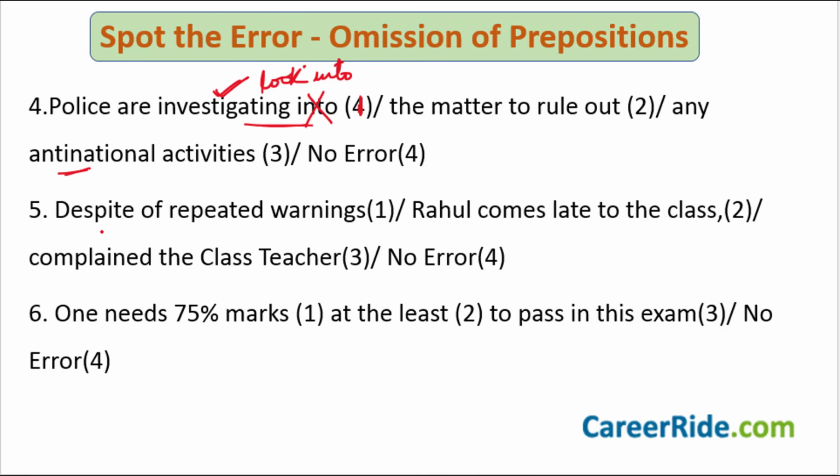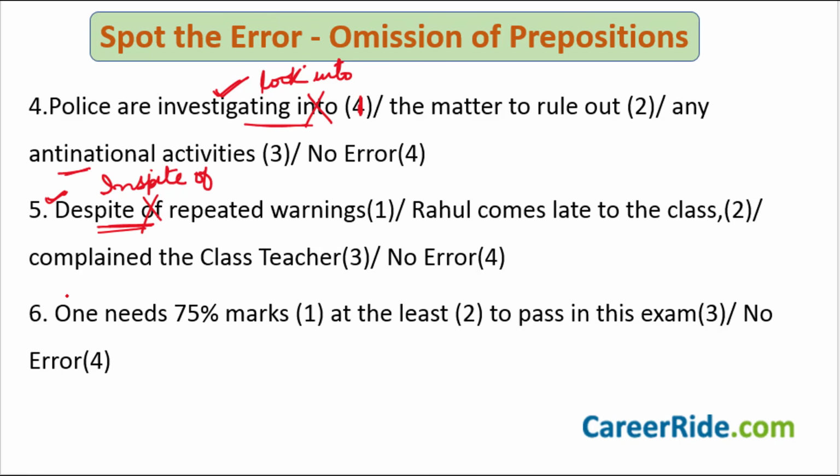This "despite of" is the error, because "of" doesn't come with despite. You can write "in spite of repeated warnings", that would be fine. But if you want to use despite, you would say "despite repeated warnings". So just learn the correct usage of this word despite.